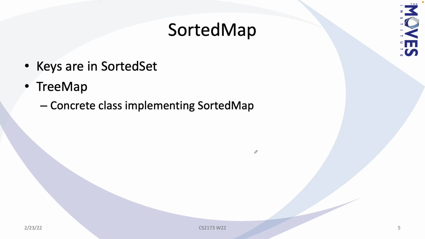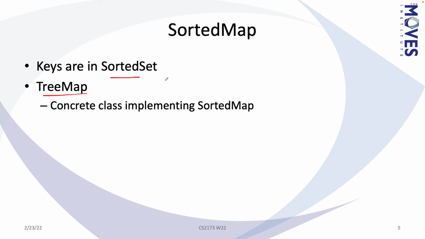But the third is a sorted map, where the keys are in a sorted set. And the implementation is a tree map. So that concrete map, the tree map, implementing the sorted map, uses a tree set as its keys. And that's how you can keep them in order.